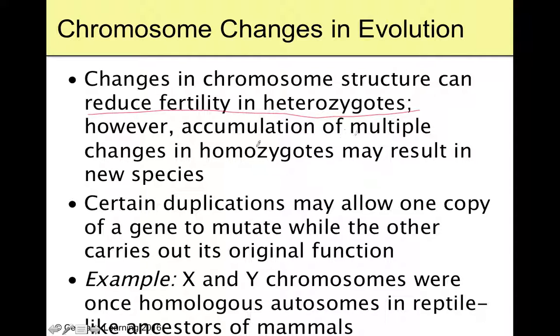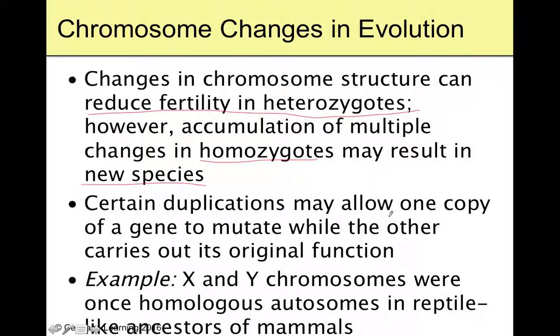However, the accumulation of multiple changes in homozygotes could potentially give us a new species. Your call. Changes might make you infertile, but if we get enough changes, then maybe we can become a completely different species. Sure.